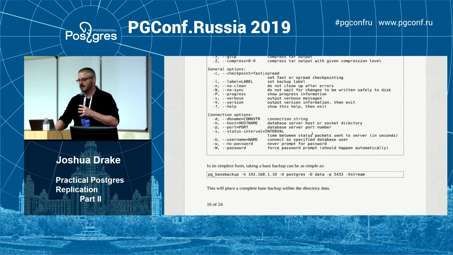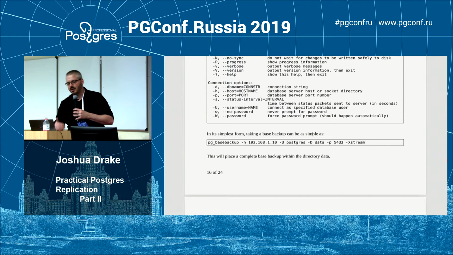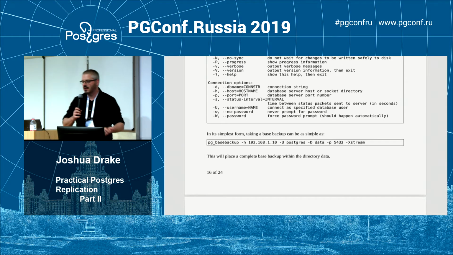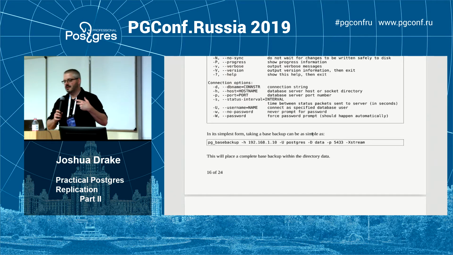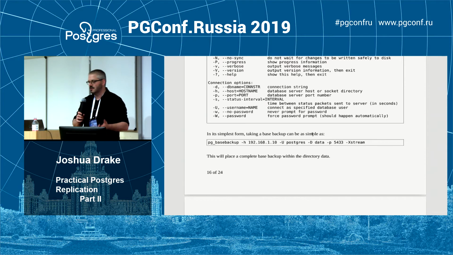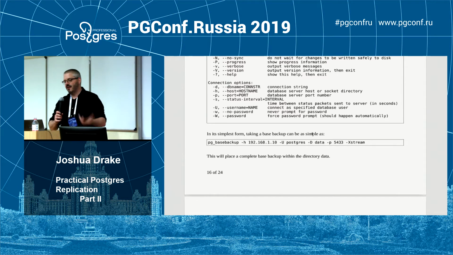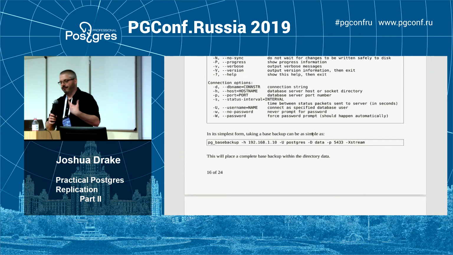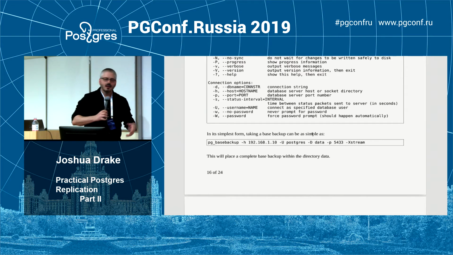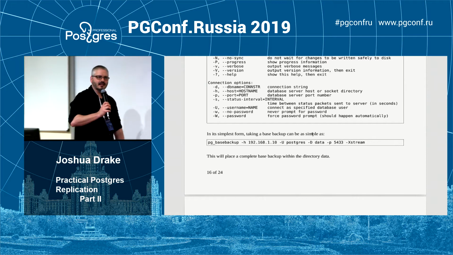Progress, show your progress. Verbose, be verbose. Version, who cares? Show this help, then exit. And then, of course, your standard connection options. So you've got your database you want to connect to, what host, what port, time between status packets sent to the server, connect as a specified database user, don't prompt for a password, or force a password prompt. The force a password prompt is a legacy thing.